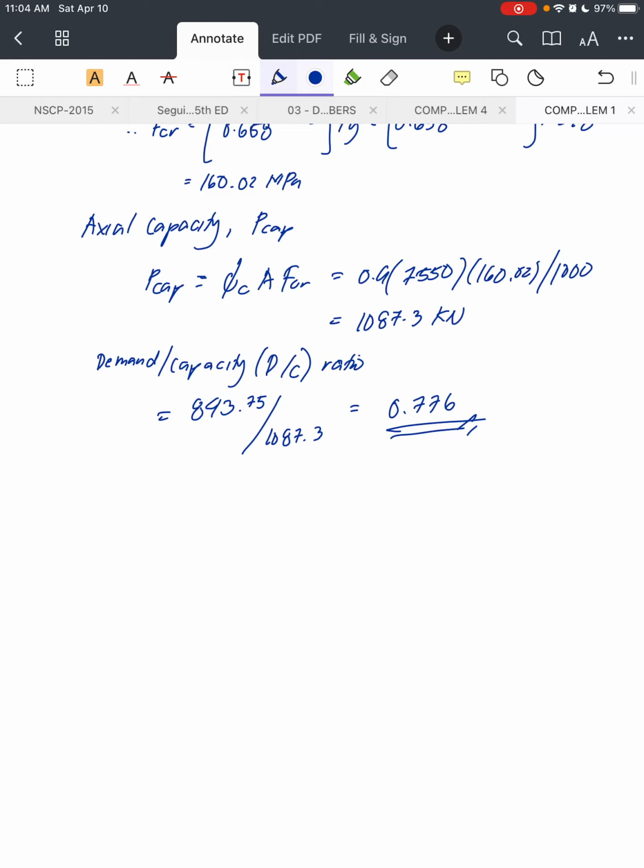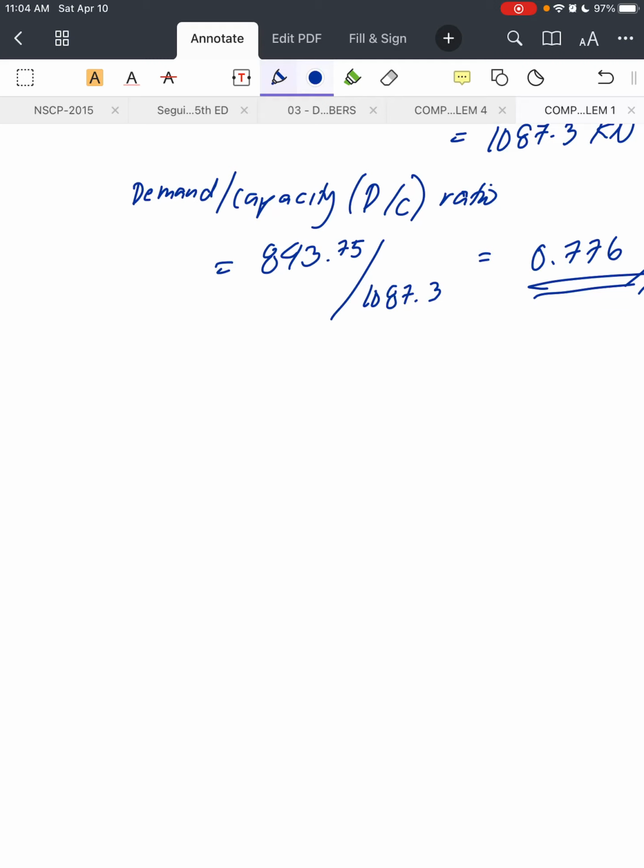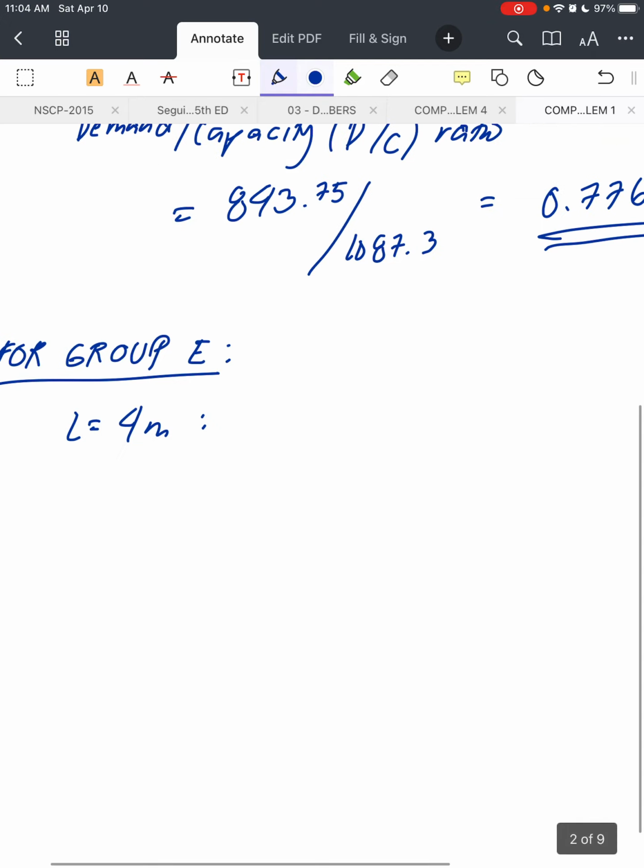So, we can now proceed to your group E. Now, for group E, your L is equal to 4 meters. So, let's try again W12 by 40.